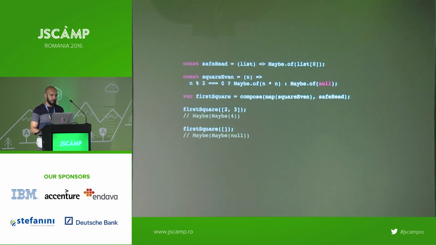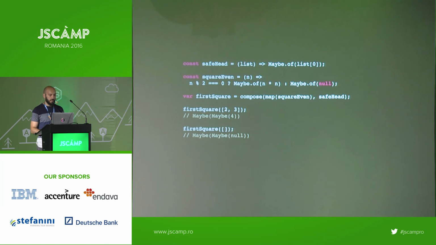Our safehead function was an example of that. It simply returned the first element of an array wrapped in a maybe. But if we have another function that does the same thing, returns another container, and we want to compose these two functions together, we will get 2 containers embedded in each other, right?